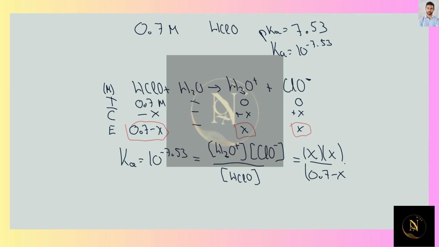So over here we could go ahead and solve the quadratic expression resulting from this. But since we know that Ka is going to be small, we expect x to be much smaller than 0.7. That means that 0.7 minus x is going to be approximately equal to 0.7 directly.